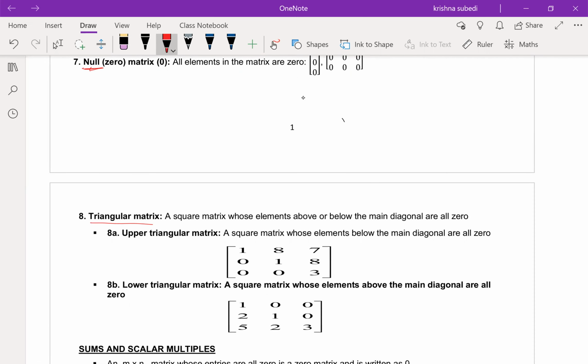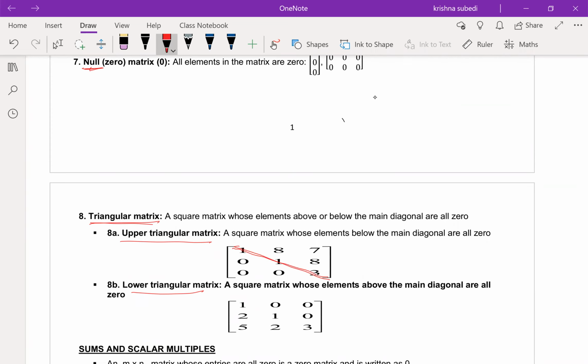Triangular matrix. There are two kinds of triangular matrix: upper triangular matrix and lower triangular matrix. Upper triangular means if you draw the diagonal, the lower parts are all 0. In the upper part, it could be 0 or a number, it doesn't matter, but make sure everything below the diagonal is 0.